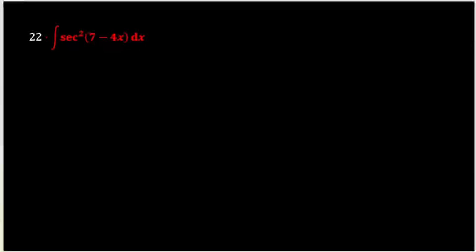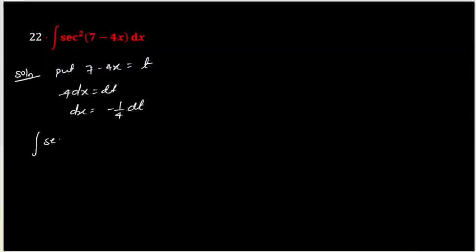Next problem. This is already given sec² of 7 minus 4x, so we put 7 minus 4x equal to t, and differentiating with respect to x, we get minus 4 dx equal to dt, and dx equal to minus 1 by 4 dt.